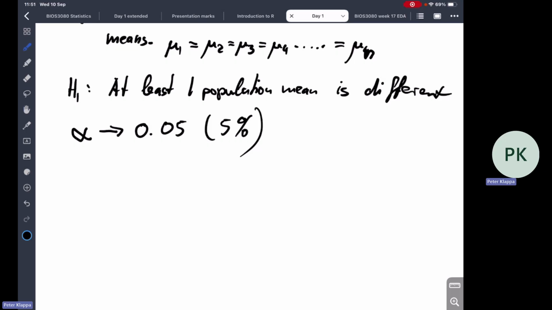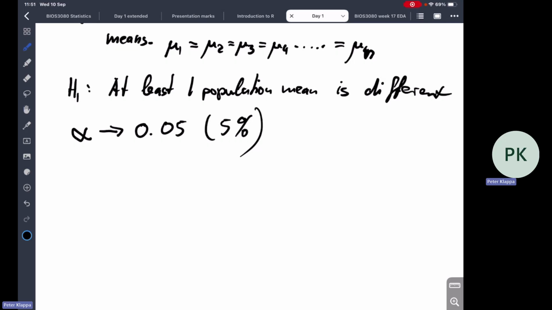If you've got only 3 or 4 samples to compare, then it's probably not worth running an ANOVA, because you're probably faster doing the t-tests, the 3 or 6 t-tests, straight away, instead of doing the ANOVA, because you probably have to do them anyway.